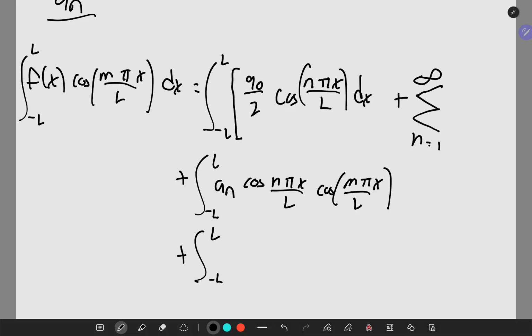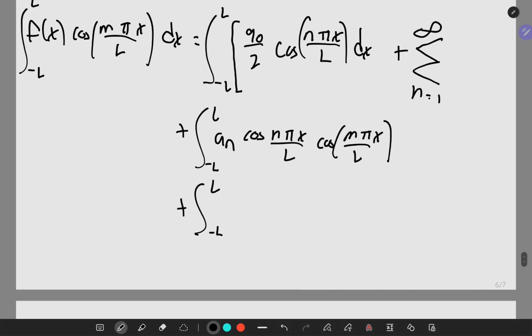But there is also the chance that n could equal m. And I will show you what that means in a minute. But let me write this out first.